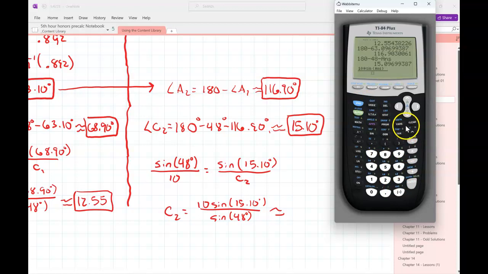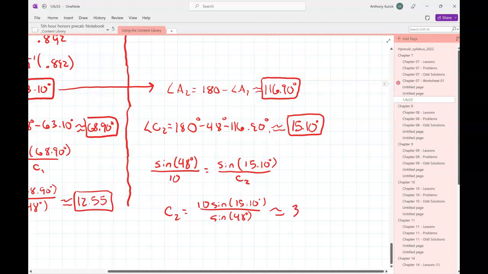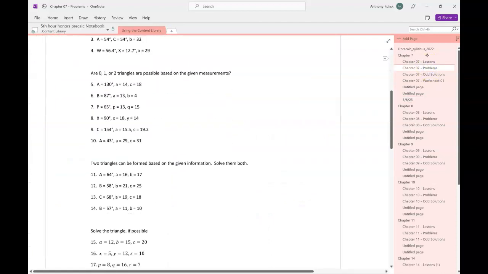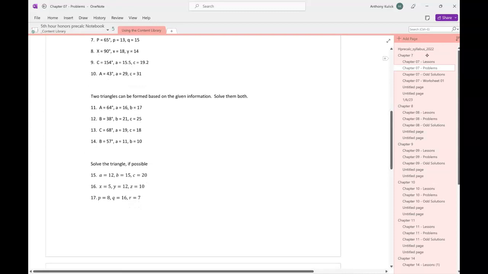This is where we're stopping today. I think at this point you guys can do up through 14 in the problem set. So 350. Just double check that right now. Yes.